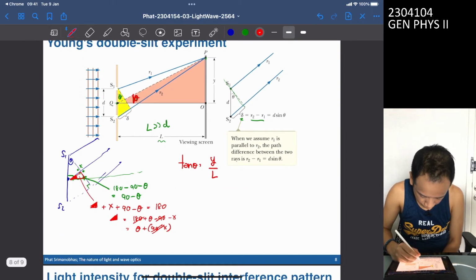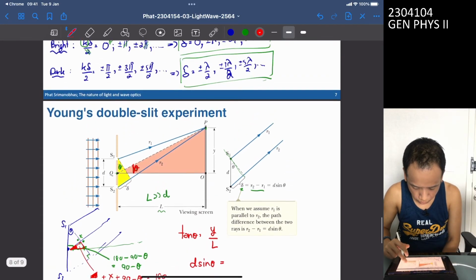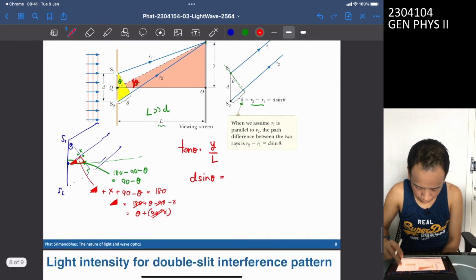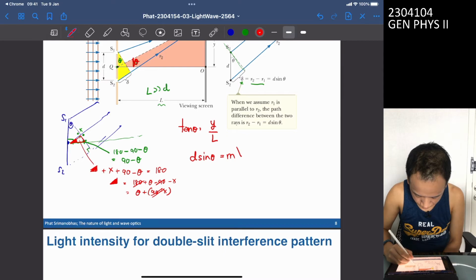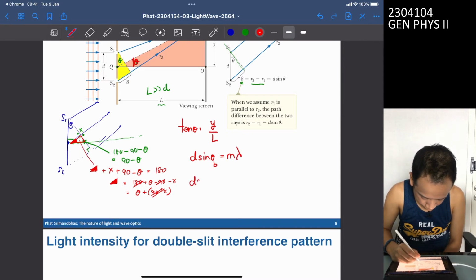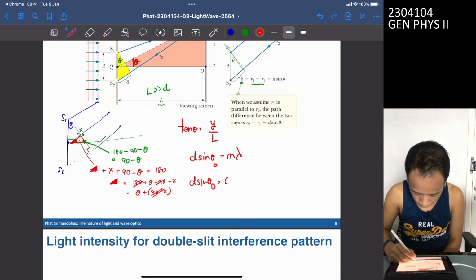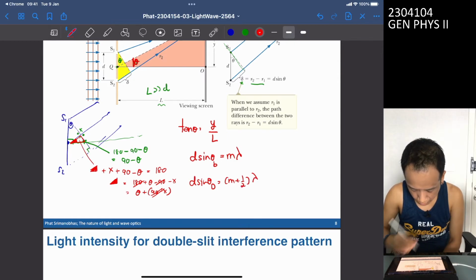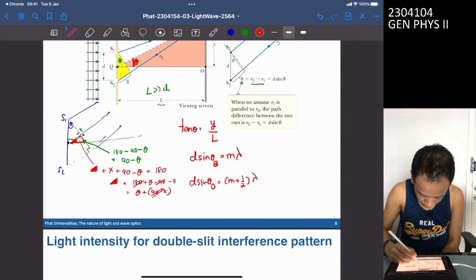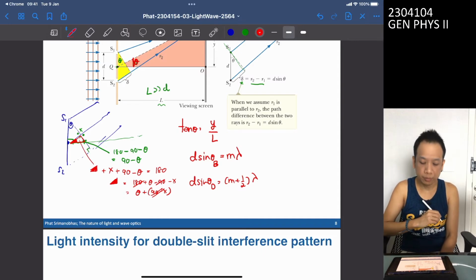So you have d sine theta equal to m lambda for the bright fringes, and d sine theta equal to m plus half lambda for the dark fringes.